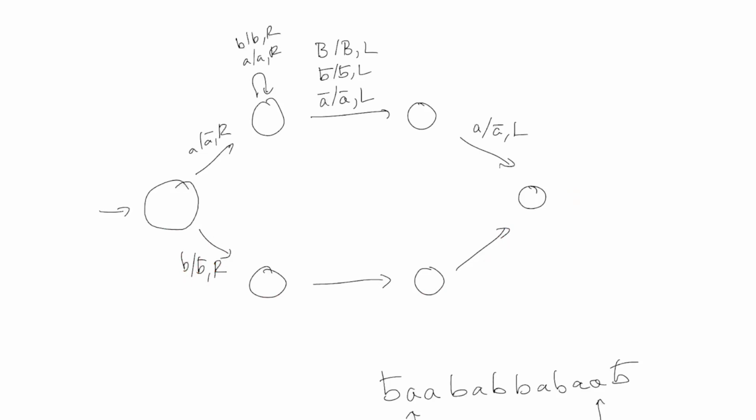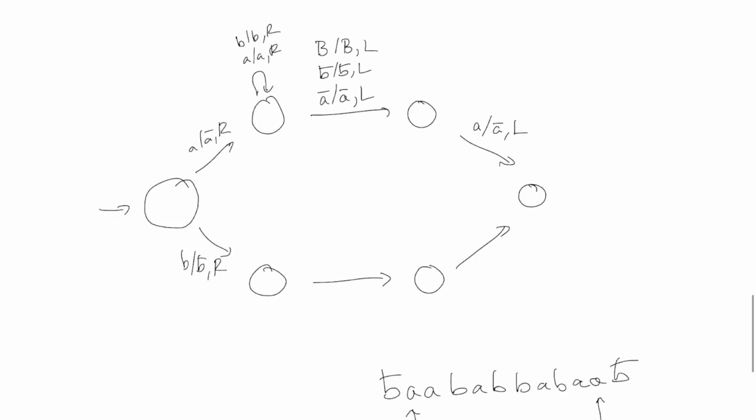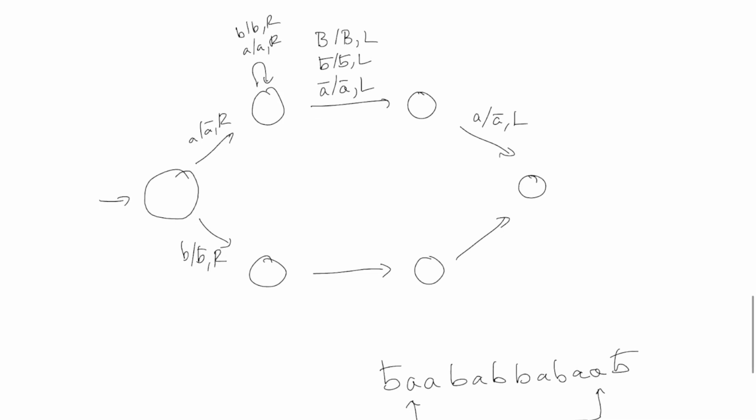All right. So let's try to draw the bottom. The bottom branch should be basically the same. I marked the first B. Actually, I think this one should be entirely the same. If what I mark off first was a B, I'm still going to move through all the remaining A's and B's. So this here should go A→A,R, B→B,R. I'm still looking to get to the end now.